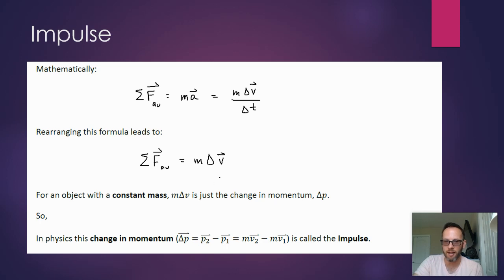So m delta v is actually just a change in momentum. And I forgot to multiply this by time. So sum of forces average times time. We get this equation: the sum of forces times time equals change in momentum. And this change in momentum is called the impulse.